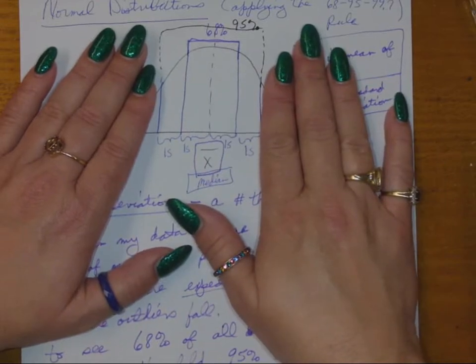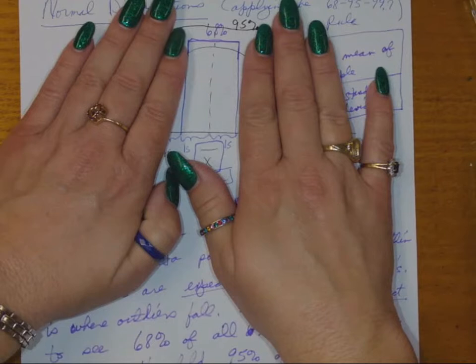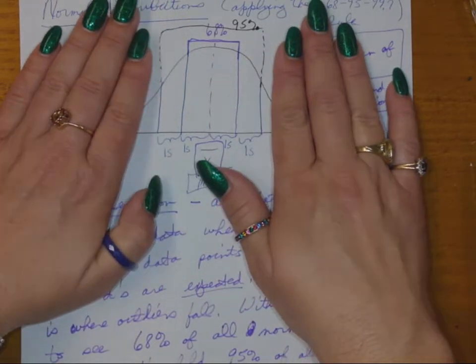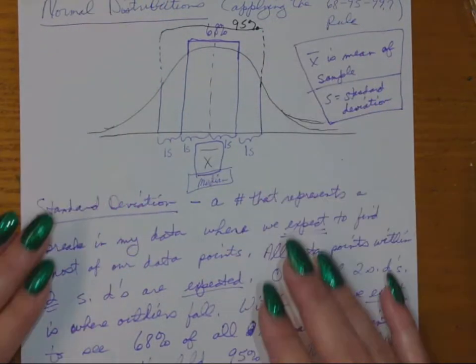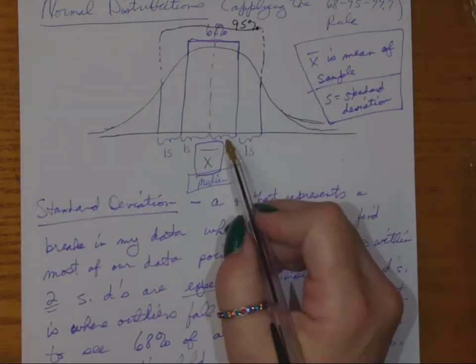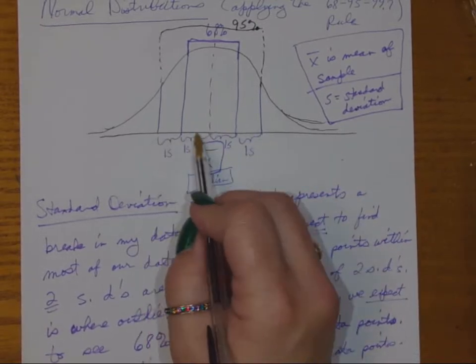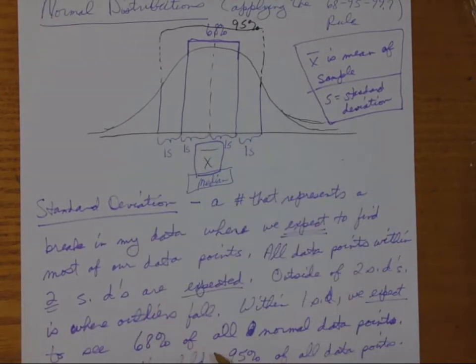So think about if we were in a box and whiskers, we would expect 50% of our data inside that box, right? Well, here we're saying 68% within 1 standard deviation, 95% within 2 standard deviations. And remember, our rule that we learned when we were talking about standard deviation was if you're within 2 standard deviations above or 2 standard deviations below the mean, you're an expected value, right?